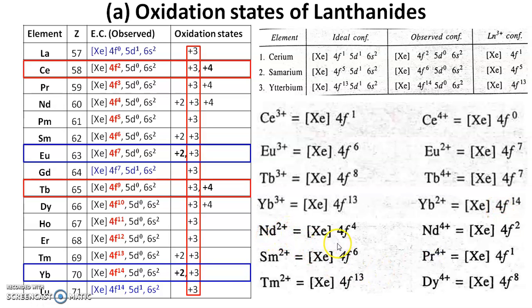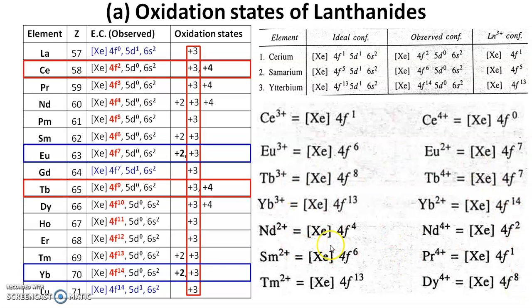Neodymium in +2 state has 4f4 and in +4 state 4f2. Samarium in +2 state has a configuration of 4f6 and praseodymium in +4 state has a configuration of 4f1. Thulium in +2 state has a configuration of 4f13 and dysprosium in +4 state has a configuration of 4f8.